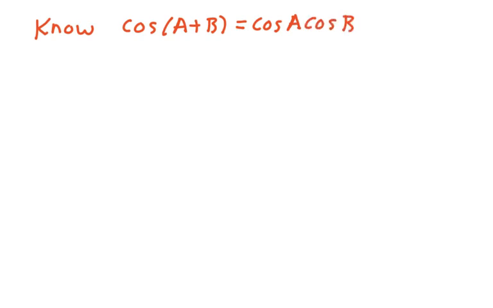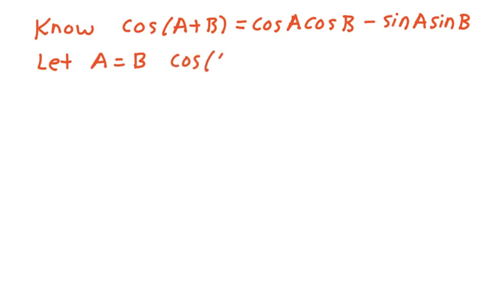And we could do the same thing for cosine. So we know cosine of a plus b is cosine a cosine b minus sine a sine b. And then once again, I'm going to let a equal b. And so then I get cosine of a plus a.